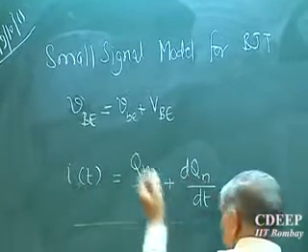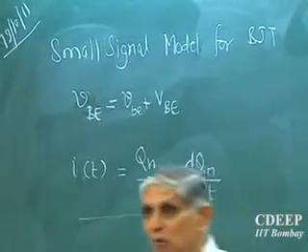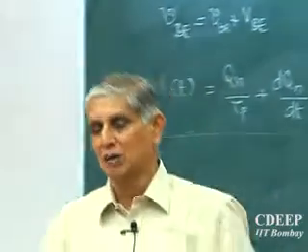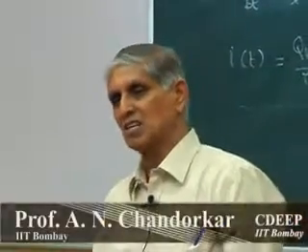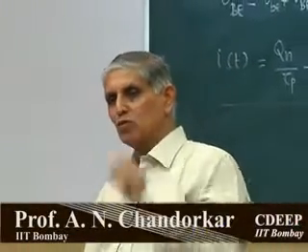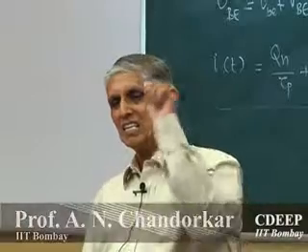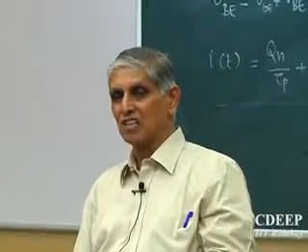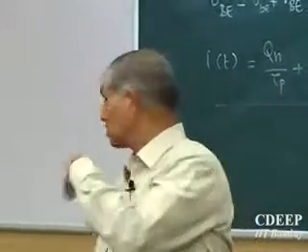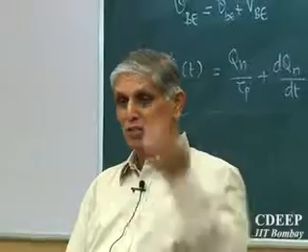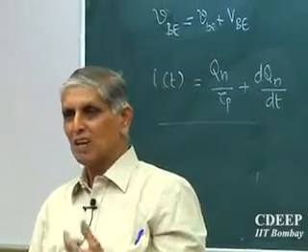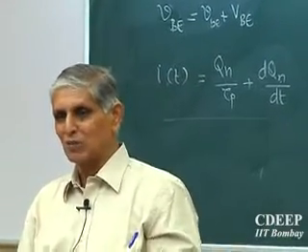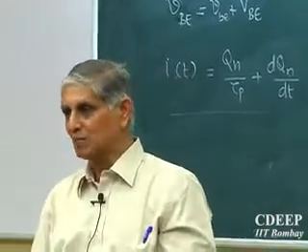Since I know Q, I can derive Q from the profile of holes or electrons in the base. If I know Q, and if I can write the instantaneous current I as Q by tau plus the change in Q with time, then I'll be able to solve this equation much faster because I can see the time dependence quickly.